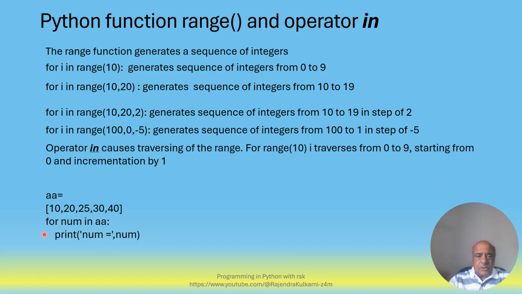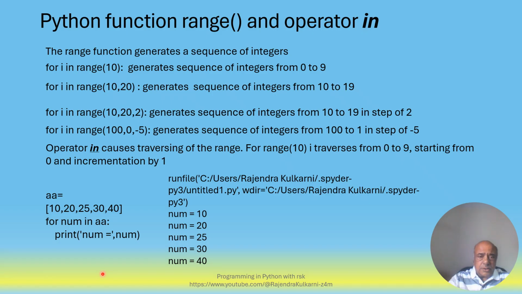We know when we use the in operator, the variable named prior to in will traverse through a range. When it is used with a collection, it will traverse through this collection AA, which is a list in this case, and it will take the value sequentially 10, 20, 25, 30, 40.